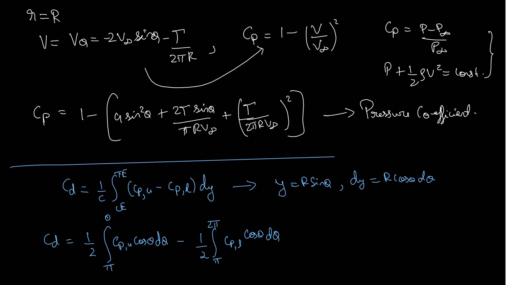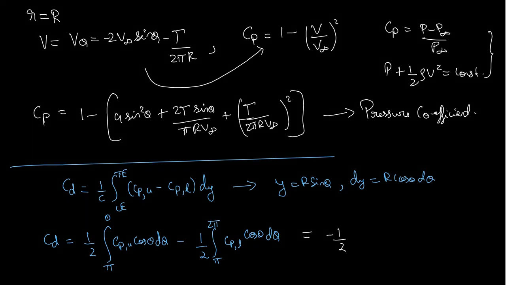There is no parameter to set that, so we can say that this is nothing but minus half. If I change the first integral from 0 to pi instead of pi to 0, I'll get minus half integral 0 to 2 pi. I just combine the two integrals, and taking Cpl equals Cpu equals Cp, I can get Cp cos theta d theta. So this is my drag coefficient.